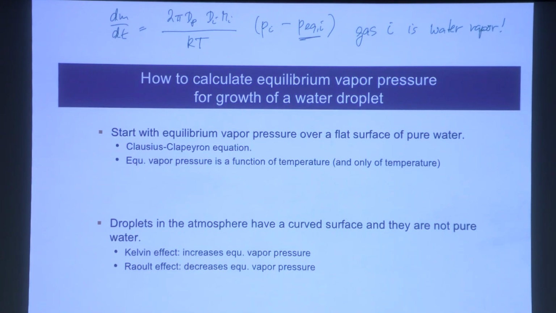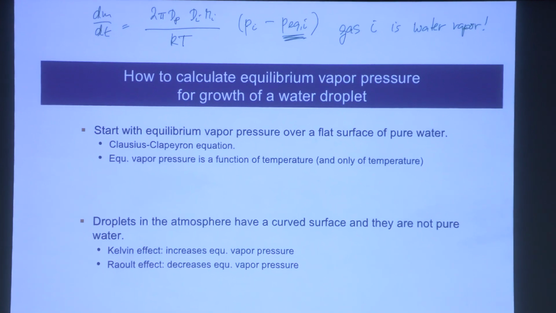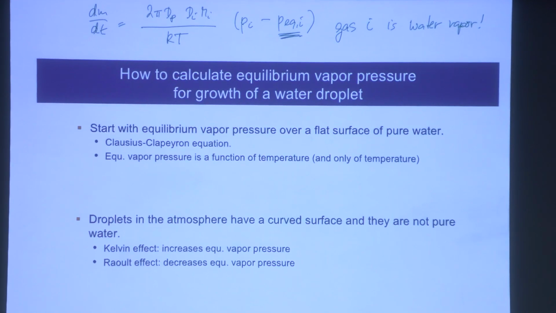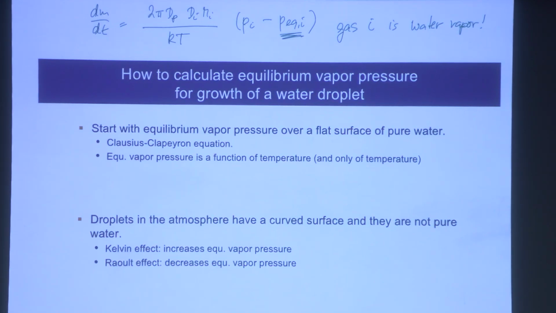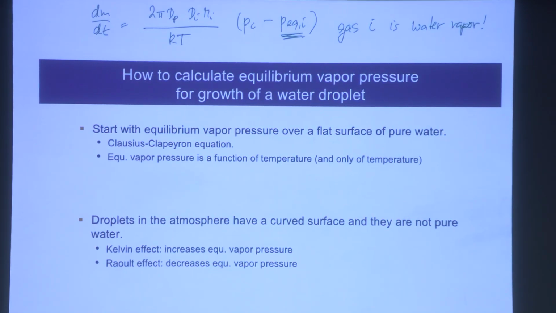The thing I want to explain to you here, as a really quick overview, is what we need to know is the equilibrium vapor pressure of this droplet. And then the p_i would just be the water vapor pressure of the environment, depending on how much water vapor we have at any given time, any given location, which can be quite variable, right? Water vapor is one of these very variable gases in the atmosphere.